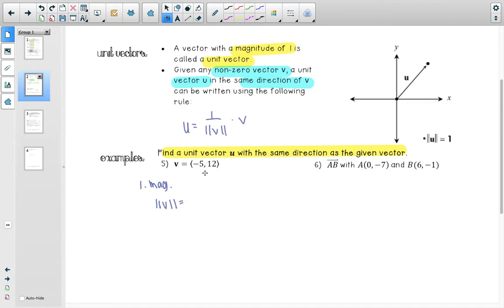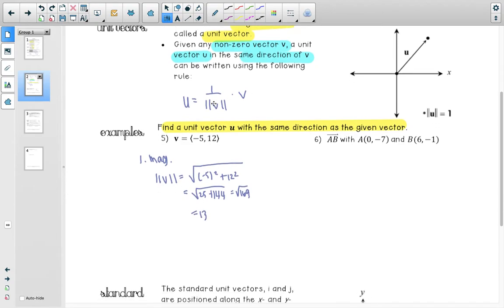So you're going to take the square root of negative 5 squared plus 12 squared. Negative 5 squared is 25 plus 144, and if you add that together, you get 169, and the square root of 169 is 13.